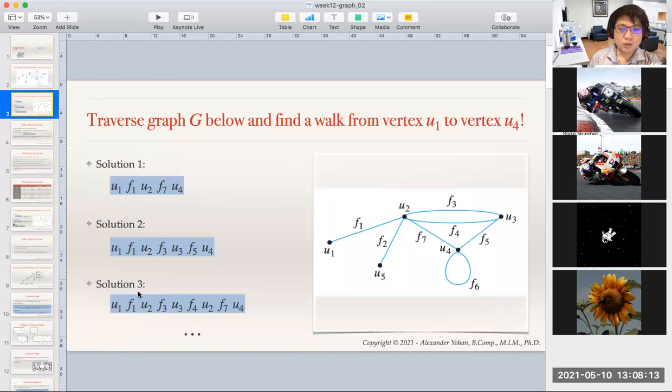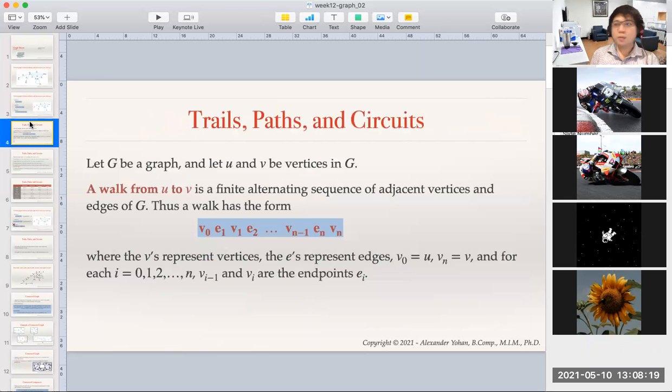Okay, so there are a lot of possible ways, right? That being said, there are several special terms in this kind of graph: the so-called trails, paths, and circuits.